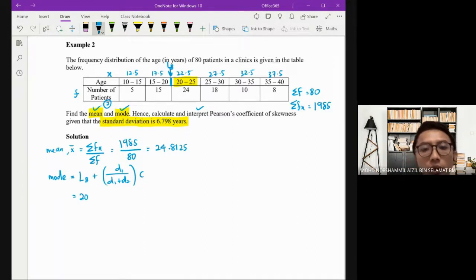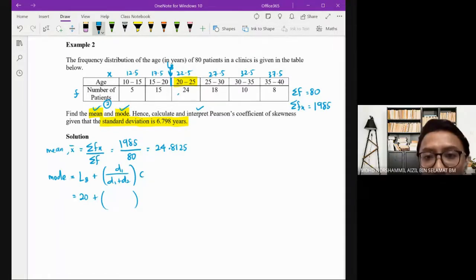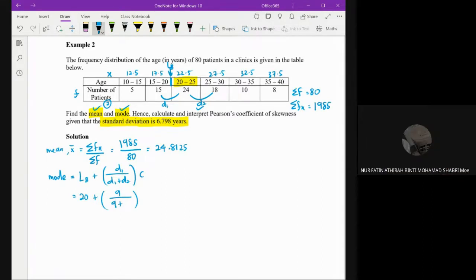So lower boundary plus, what is D1? 9. D1 means the difference between the mode frequency and the previous one. This one is D1, this one is D2. So 9 over 9 plus 6.